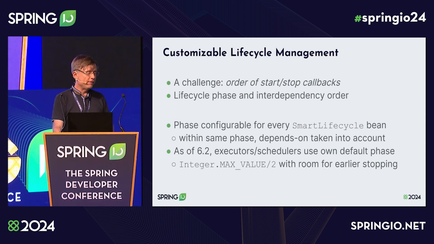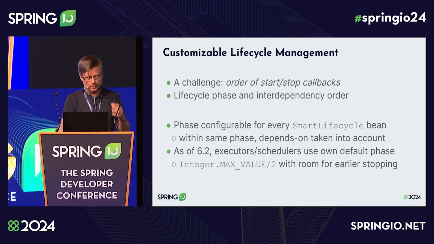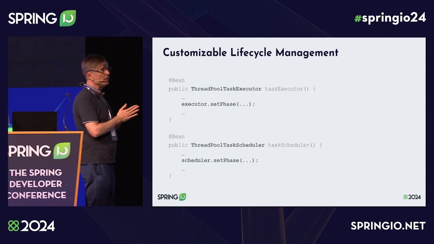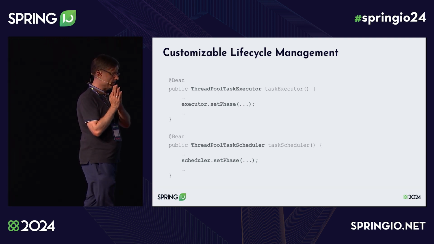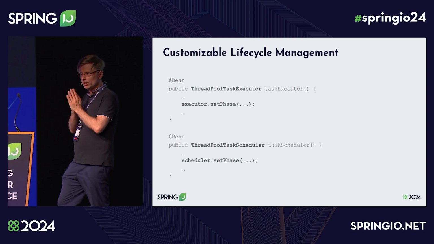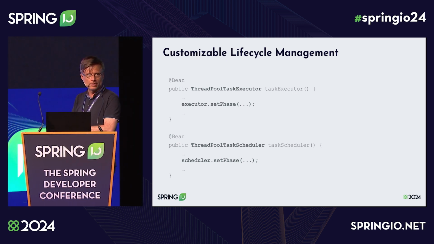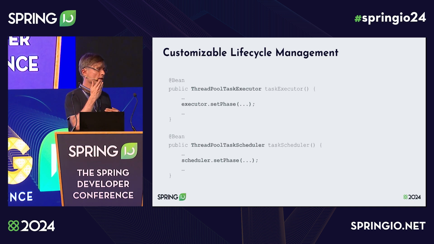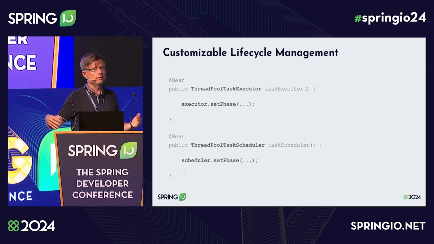The default phase arrangement is hopefully more intuitive now. But yeah, if it's not for your purposes, keep in mind that phases are configurable. Make use of this if you need to. So if you go to the extent of defining your own thread pools, your own task executors, your own task schedulers, there can be several of those. Maybe one of them needs to be stopped earlier, the other at the very end, depending on what it's used for.